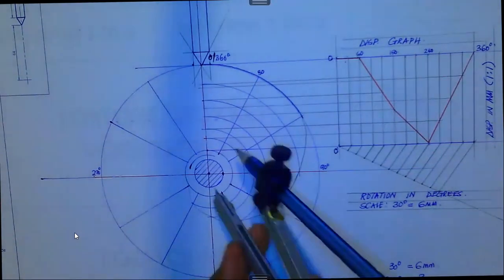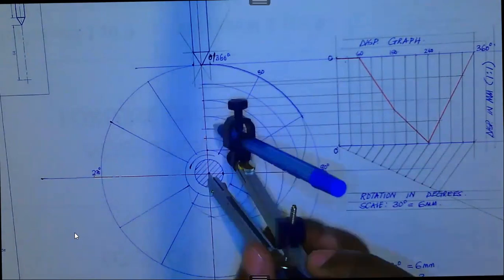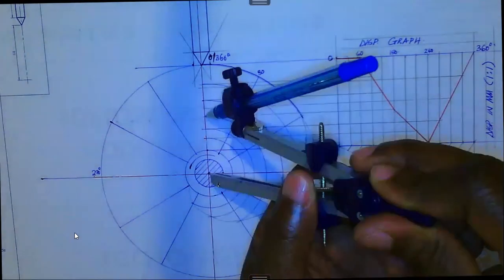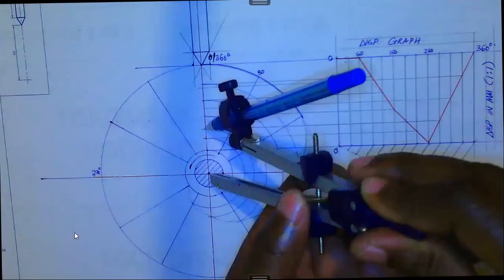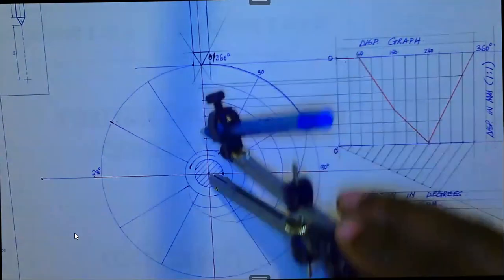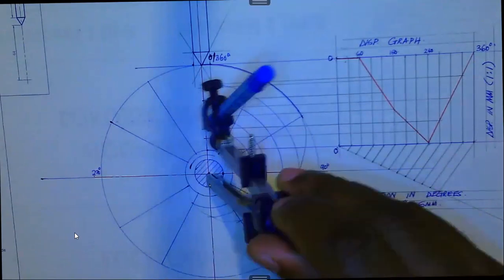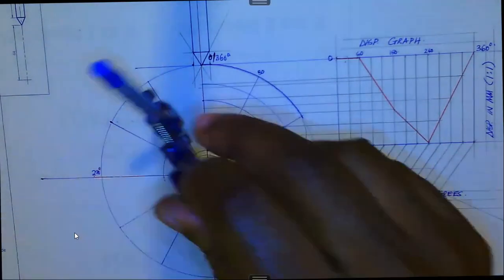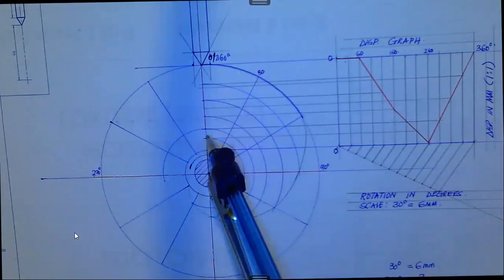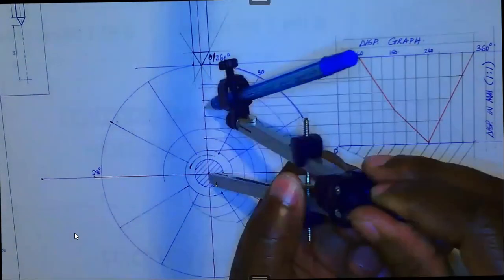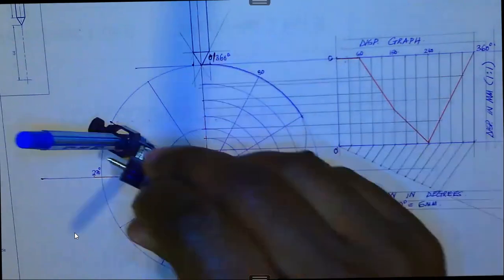So you start at this point. That's your 270. I'm going now in the different direction. Then from there, 300. That's like this.